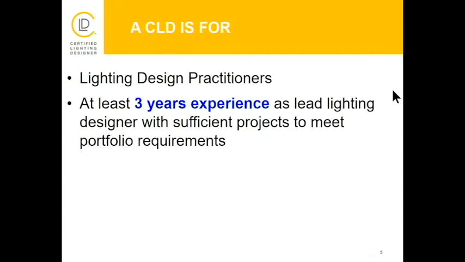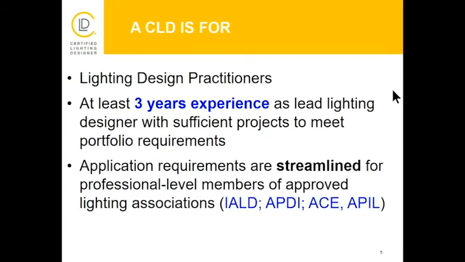Now, the CLD recognises that certain professional bodies have a series of stringent requirements for people wanting to join them. And so there is a streamlined process for application from professional members of approved associations.